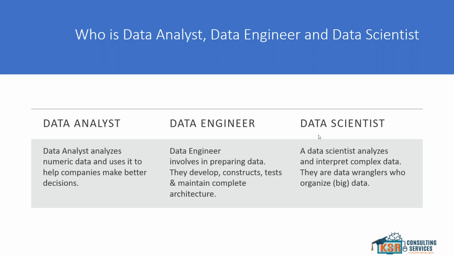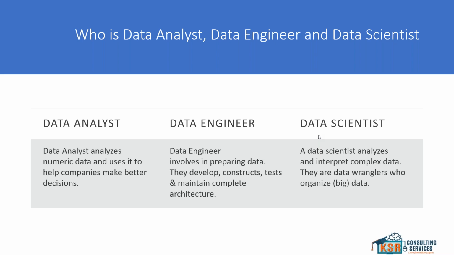So now we have a very clear picture of the data analyst, data engineer, and data scientist. The data engineer gives data to the data analyst as well as the data scientist. The data analyst helps us make decisions based on analysis. Of course, the data scientist also analyzes and interprets complex data, whereas the data analyst works on simple data, like tabular data, whereas the data scientist works on complex data, majorly semi-structured and unstructured data.